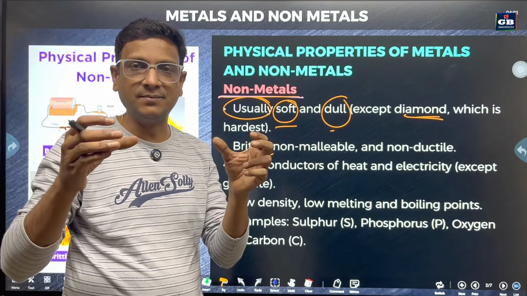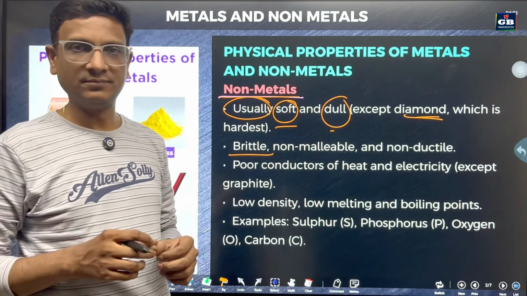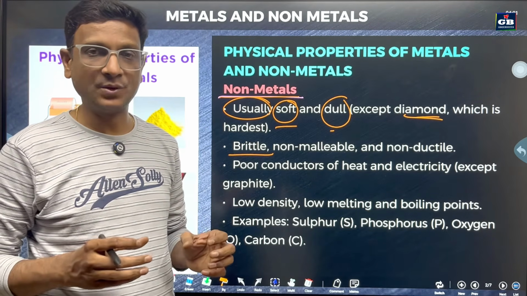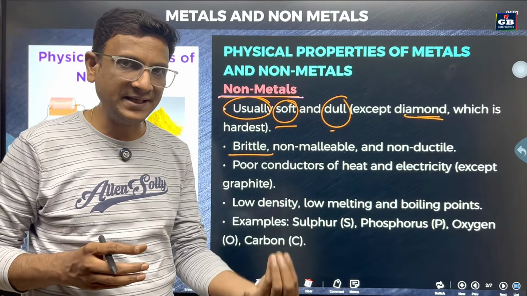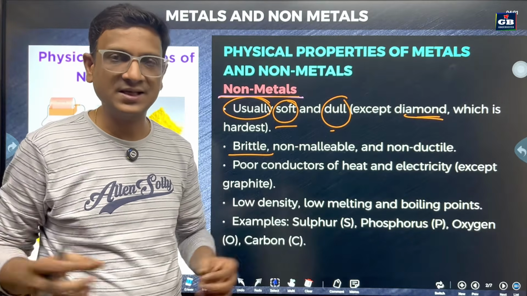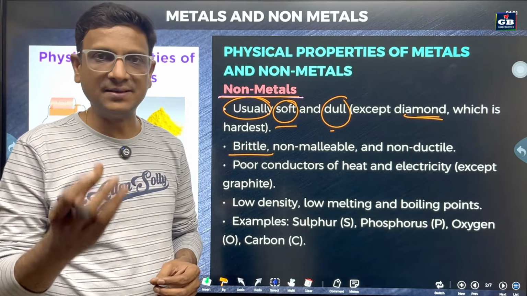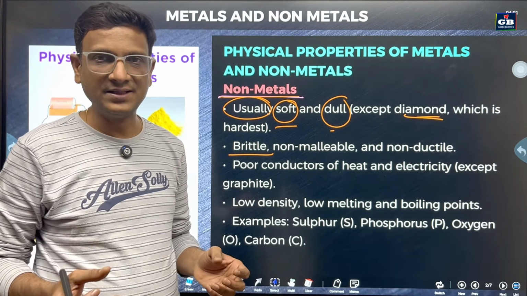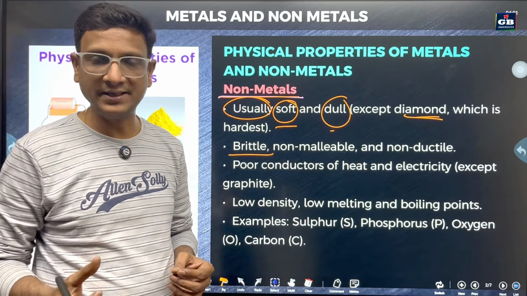You drop both onto the floor. What happens? The glass tumbler, as soon as it hits the floor, shatters. It breaks. Whereas the steel tumbler, when it falls down, won't break. Of course, it may get a small dent, but it won't break.